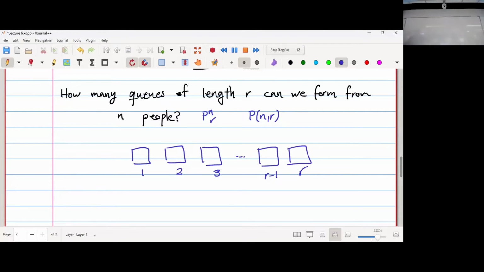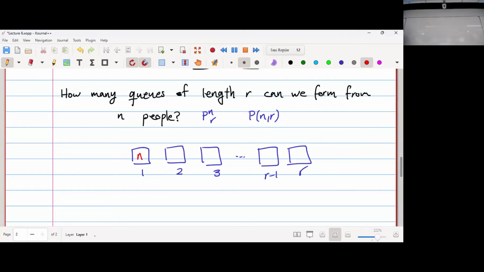And now I have to fill out these places again, just as before. So how many choices do I have for my first place? I have to choose one of the n people to go into the first place. So I have n choices. Now, no matter who I chose for the first place, I cannot put the same person in the second place.